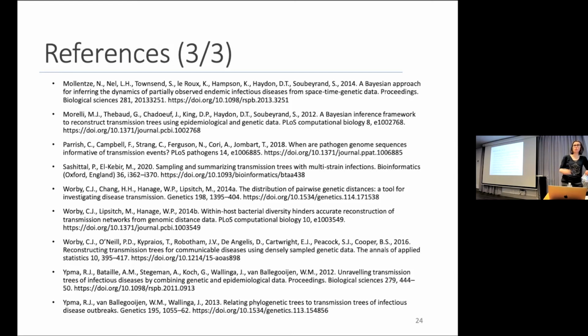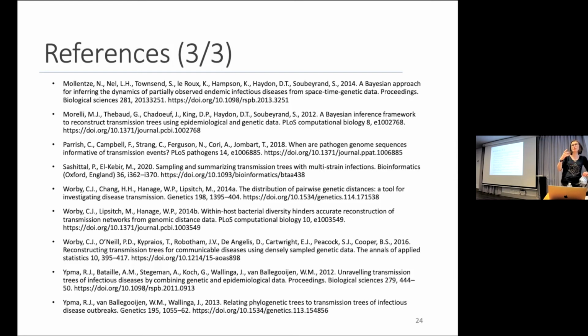Ils ont un tableau comparatif. Ils étaient focalisés vraiment sur la méthode en elle-même. En plus de ça, j'ai rajouté toutes les applications que j'avais trouvées dans la littérature, et je suis allée un peu plus dans le détail sur les modèles de transmission : quels sont les états qui sont considérés.